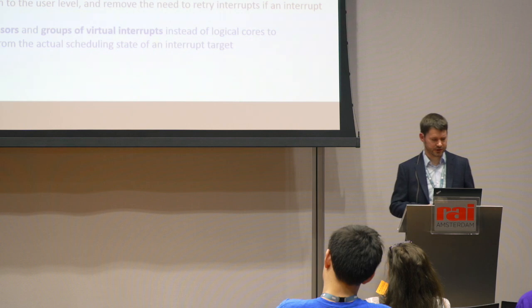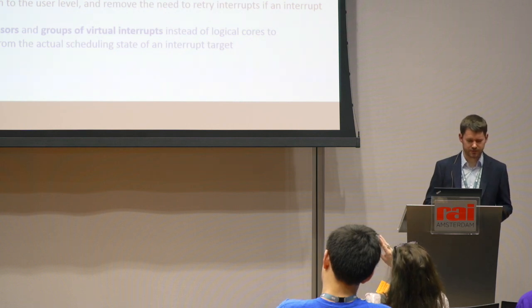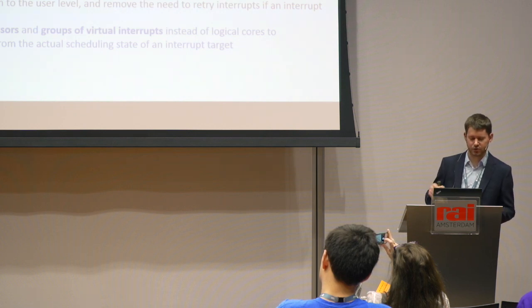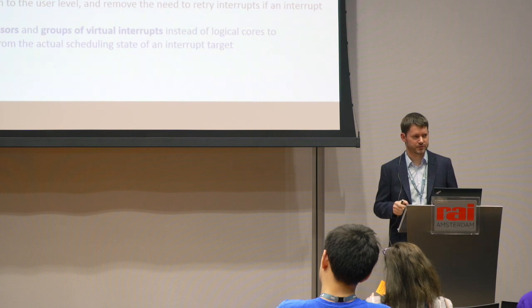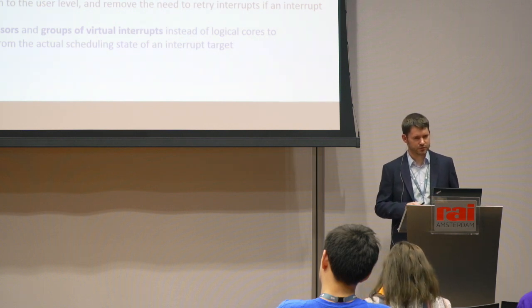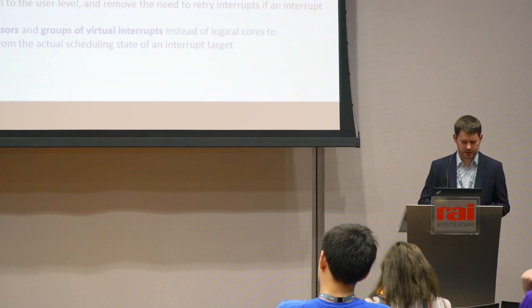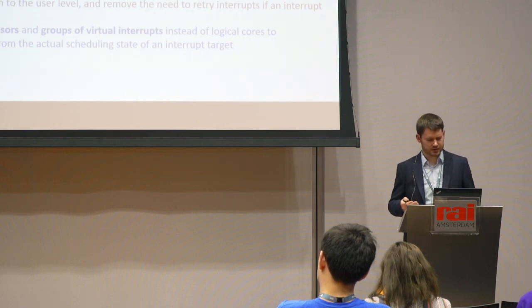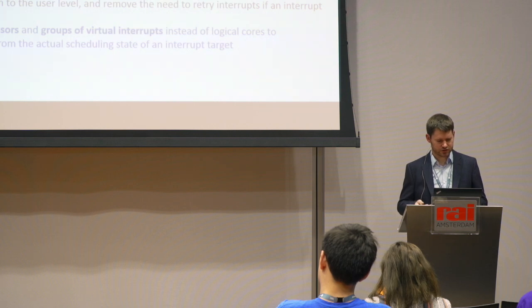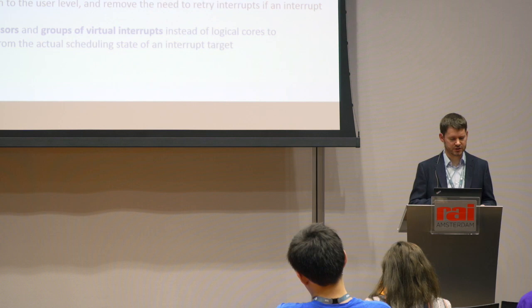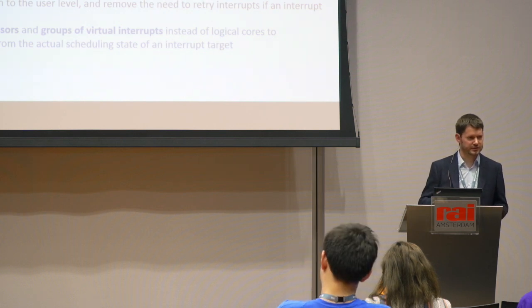A key concept for the interrupt delivery to the different virtualization layers is that we are now routing the interrupts to virtual processors or groups of virtual processors, and no longer to specific logical cores or physical cores. By routing to virtual processors, we take into account the actual scheduling state in the system.